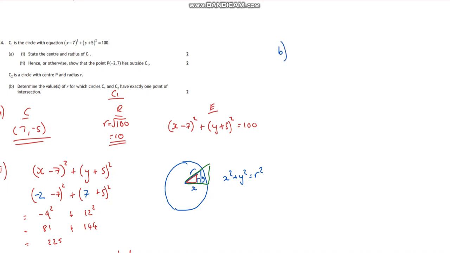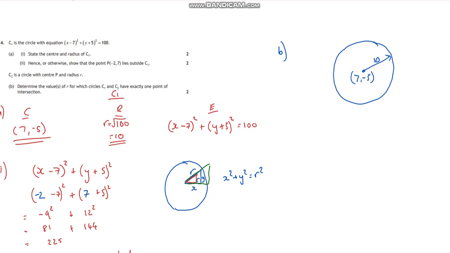Okay, so I've got my main circle. That's the centre, that's C1. The centre for this one is 7, -5, and the radius for this, we said, was 10. And we said that point P lies outside the circle somewhere.